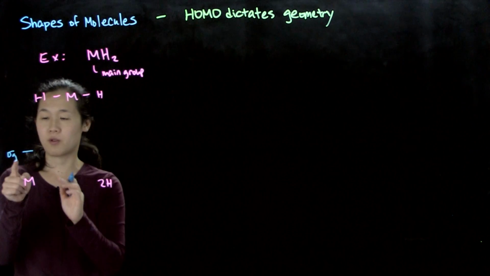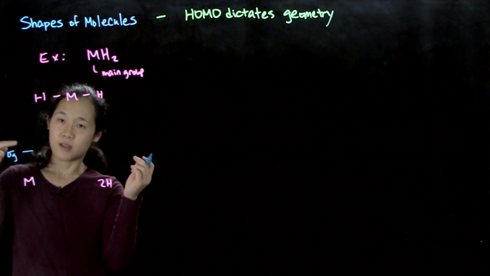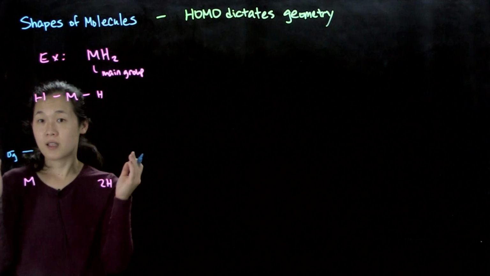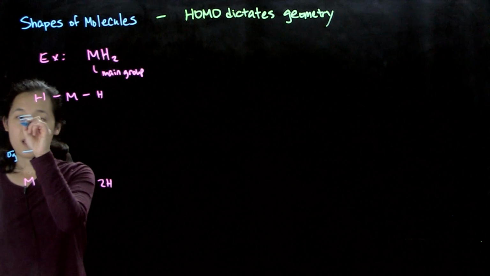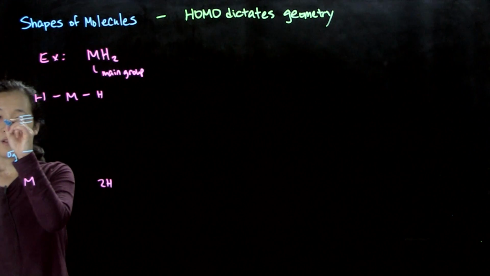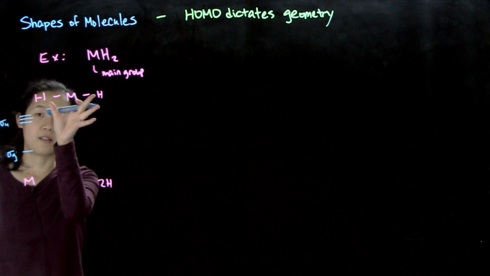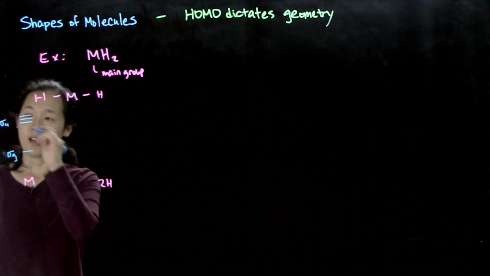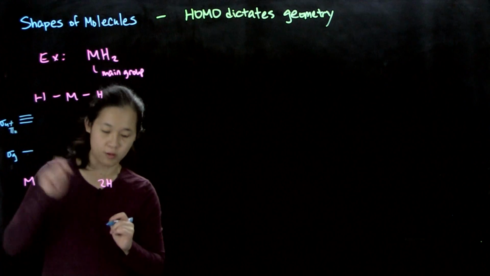So this is symmetric to inversion because it's an s orbital. And our p orbitals are all anti-symmetric because if you do an inversion for any p orbital, it changes phase. So they're all going to be ungerade. So this ends up being sigma u for our pz down the H-M-H vector, and then we also have pi u for our px and py orbitals.